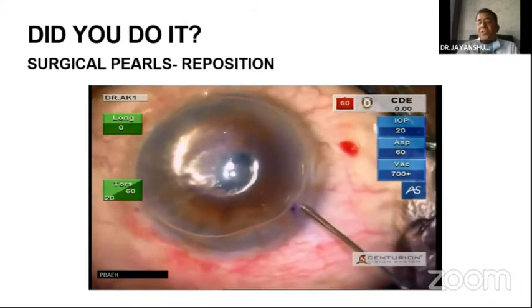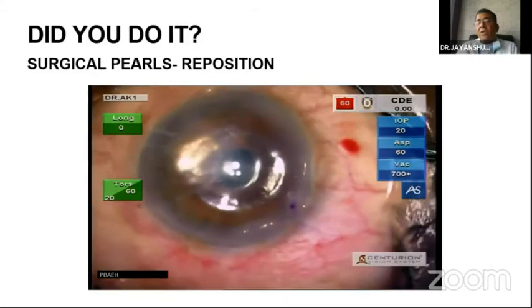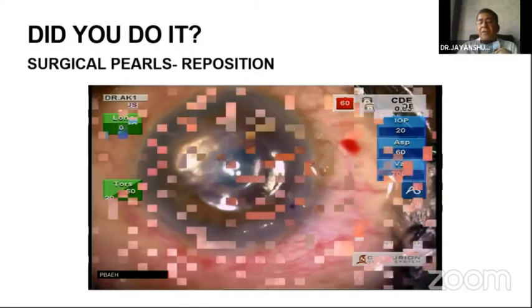In this situation, it is always prudent to use C3F8 or a combination of SF6 in a non-expansile mixture so that the patient is not that uncomfortable, and you have very good outcomes with such interventions.